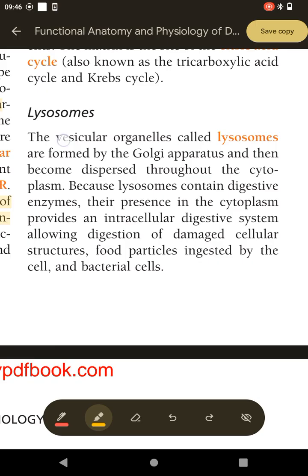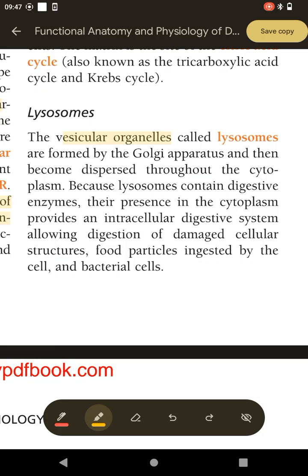They pinch off from the endoplasmic reticulum and are then processed in the Golgi apparatus.